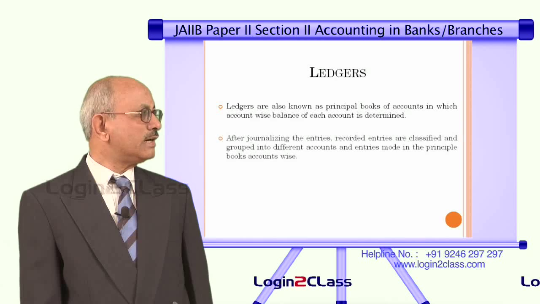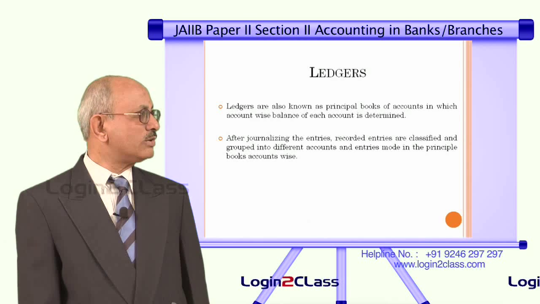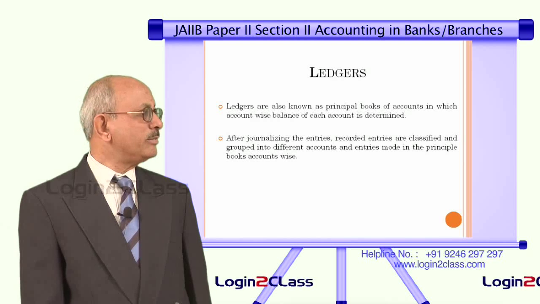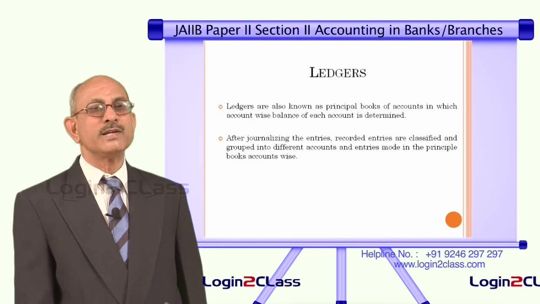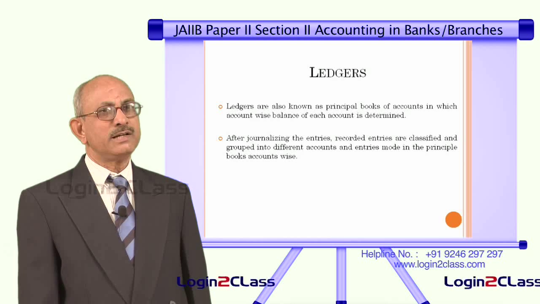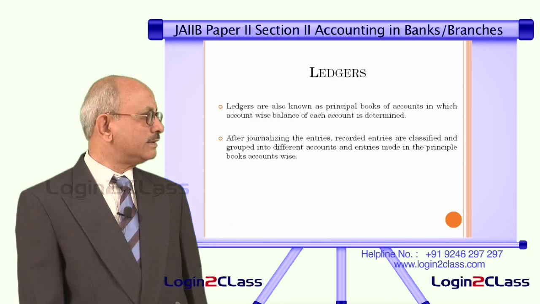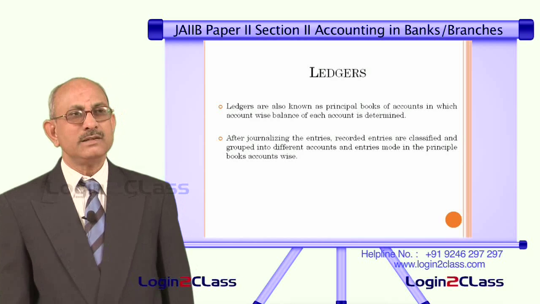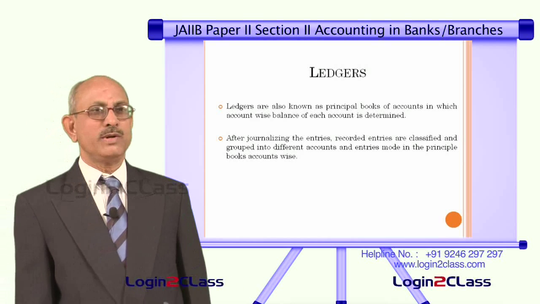So what we do is, after journalizing the entries, recorded entries are classified and grouped into different accounts. Entries are made in the principal book account wise. Whenever there is a transaction, two accounts are affected. So when we take it to the ledger, each leg has to be taken to one account.